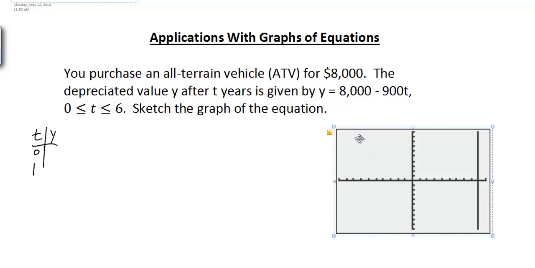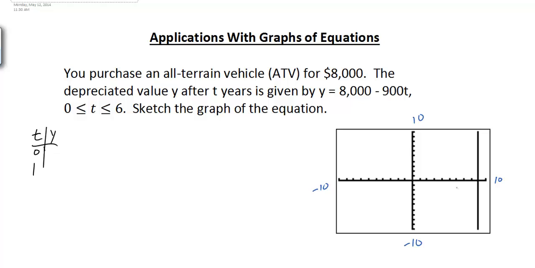Well, if you notice, our numbers are much bigger here. We have 8,000 minus 900t, and our window, because we went to standard, is negative 10 to 10 on the x and the y-axis.